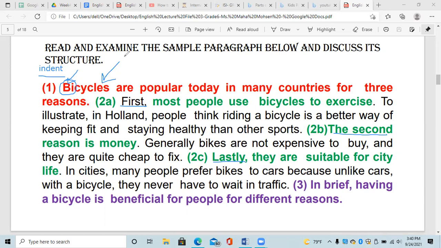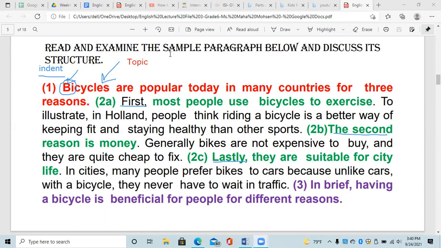So the topic here, let me write it for you. The topic is bicycles, okay? So the topic is bicycles. And the main idea about bicycles is that they are popular today in many countries for three reasons. So the first sentence in red is the topic sentence. The topic is bicycles. The topic sentence says that bicycles are popular in many countries for three reasons.